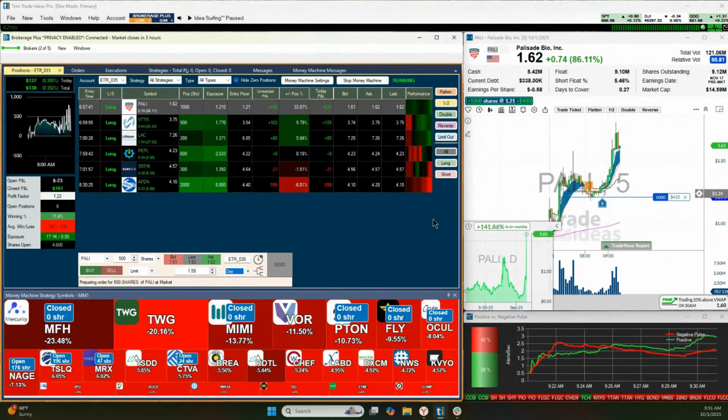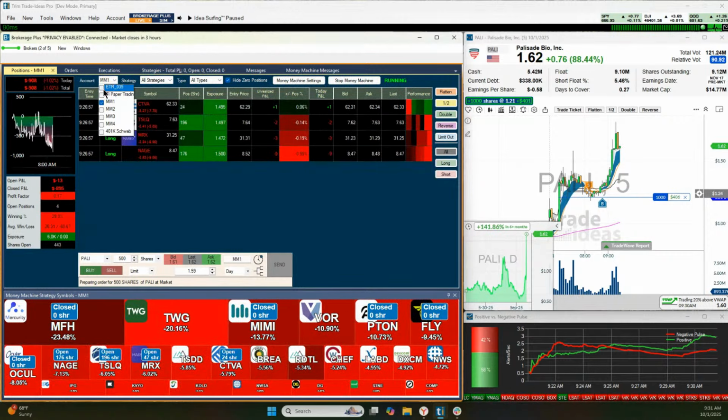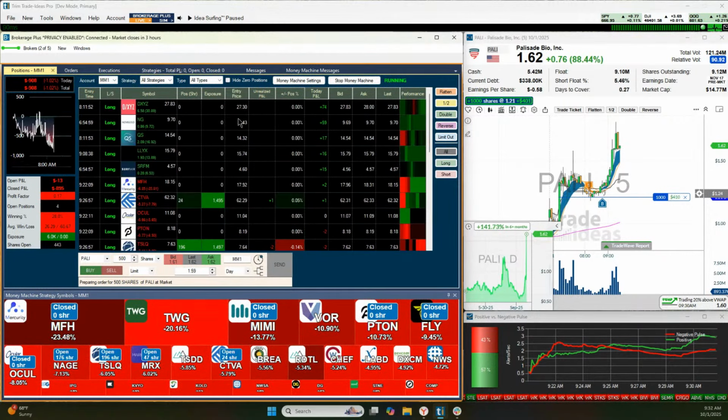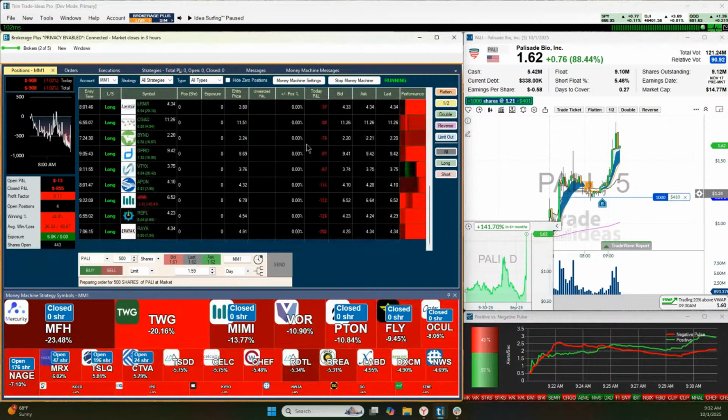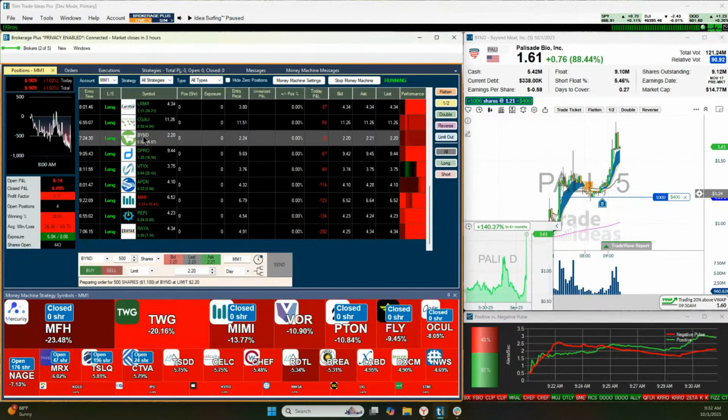I just wanted to show you the key that I wanted to showcase here, and this is the important part: I utilize the money machine to also place trades live, and you can as well.